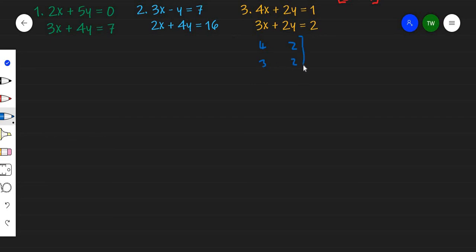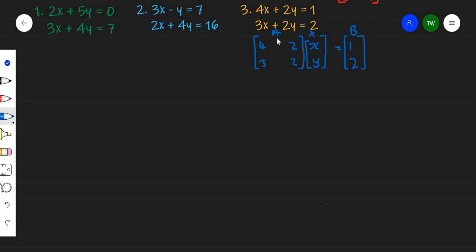That's going to formulate matrix A. Then it's going to be x, y, which is equal to 1, 2. So this is A, X, and B.